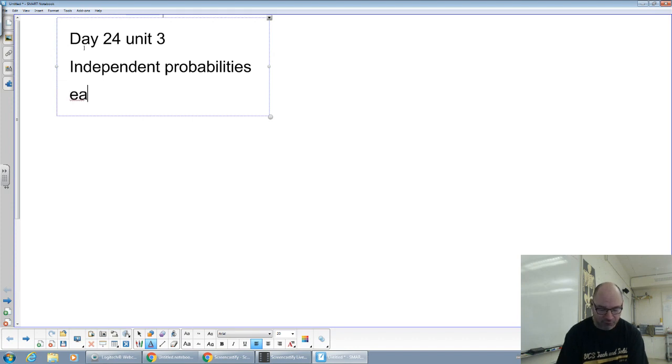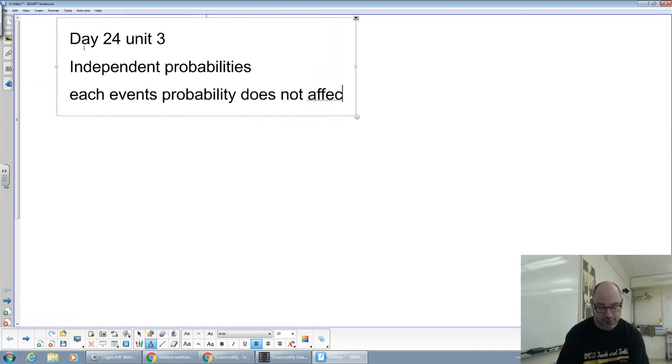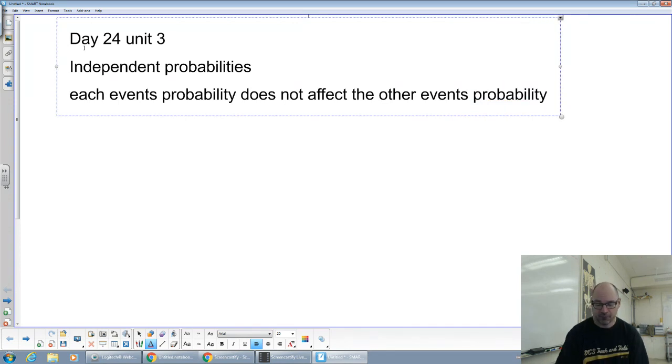Basically, each event's probability is independent of the other; it does not affect the other event's probability. For example, flipping a coin and rolling a die: what you get on the die is not affected by what you get on the coin.